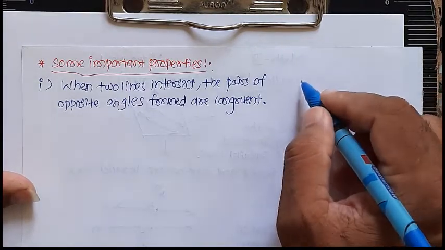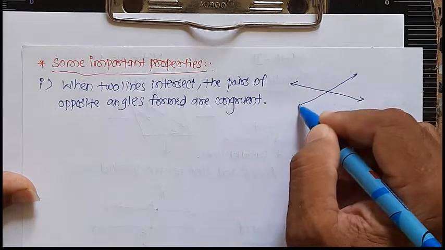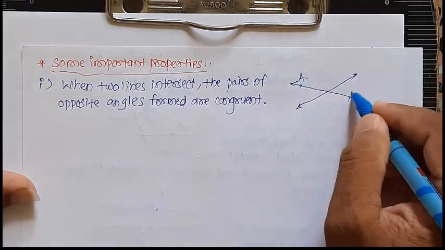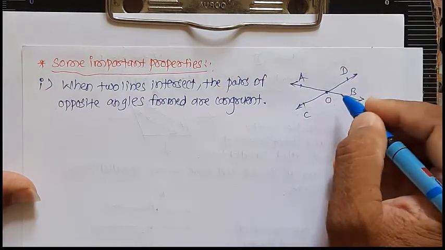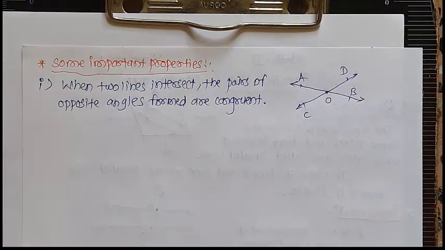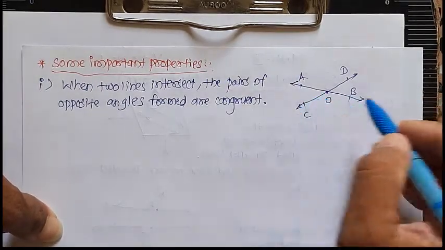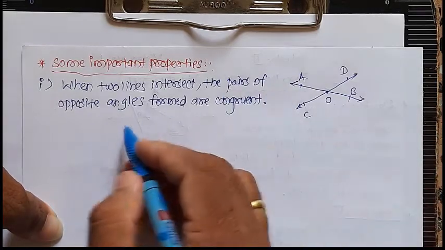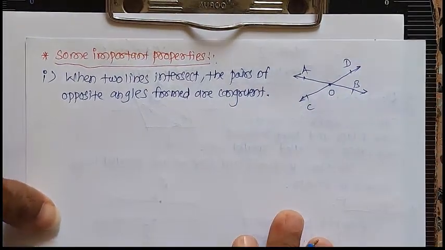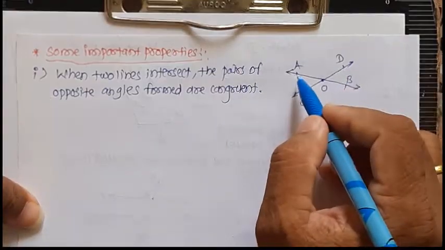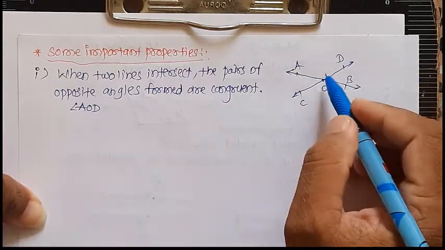If you draw the figure, suppose this is one line and this is another line, AB and CD. They intersect at one point O, like that. When two lines intersect, what are the opposite angles formed? There are 4 pairs of opposite angles here, but if we take angle AOD, what is its opposite?